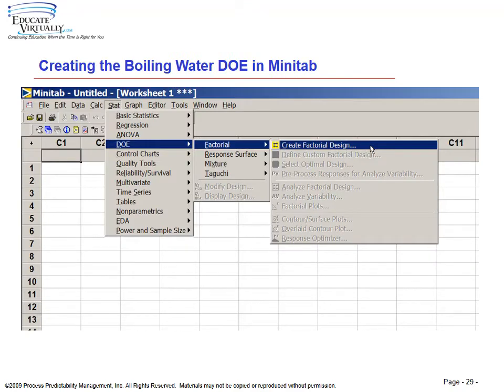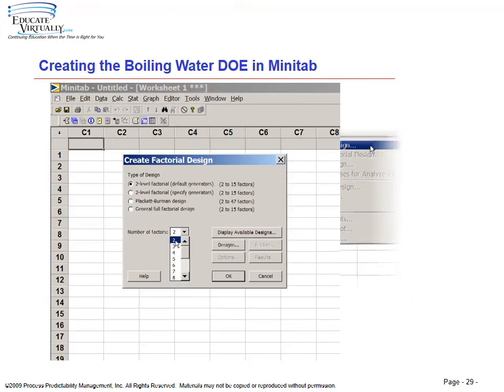We are now going to use Minitab to create the boiling water design of experiments. We start by selecting the Stat pull-down, selecting DOE, Factorial, and then Create Factorial Design. When we begin to create the factorial design, it's going to give us a series of dialog boxes.